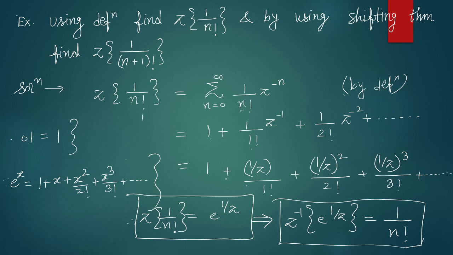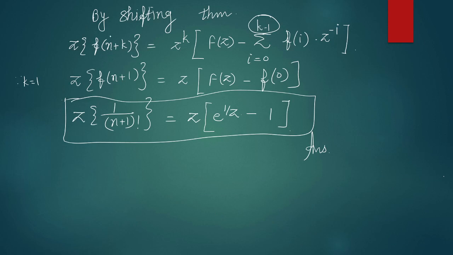Now by applying the shifting theorem, we find the z transform of 1 upon n plus 1 factorial. Here this is the property. Substitute the value k equal to 1. Therefore z to the power 1 F of z. Now here k minus 1, that means 0 to 0, therefore we get the f of 0 value only.